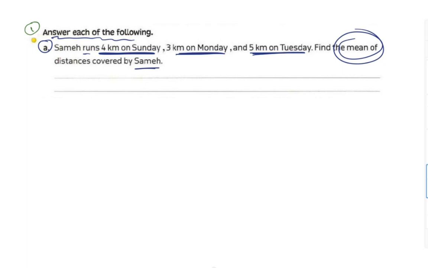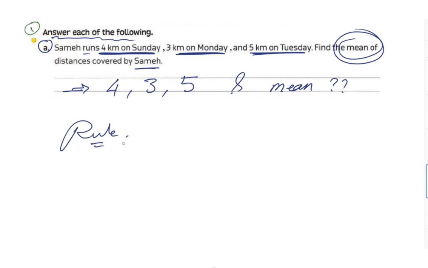Please, any word problem, convert it to numbers. Like this: I just have 4, 3, and 5, and I need to find the mean of these values. That's easy. The easiest way to find the mean directly and speedily is to use the rule.